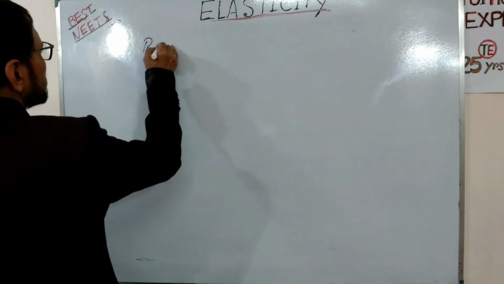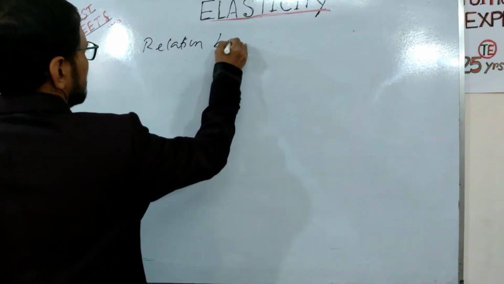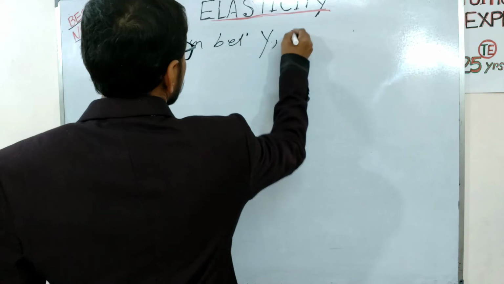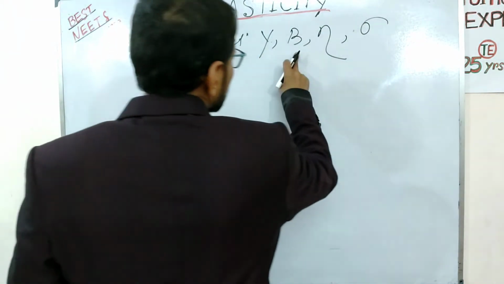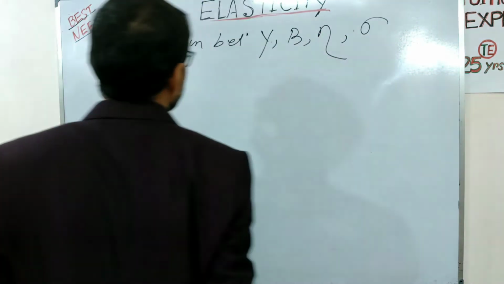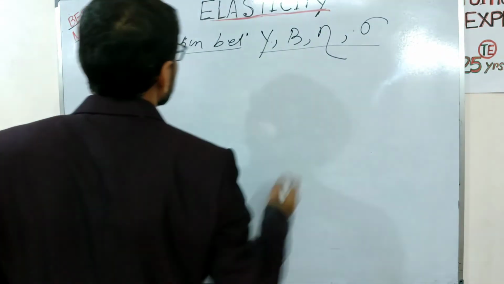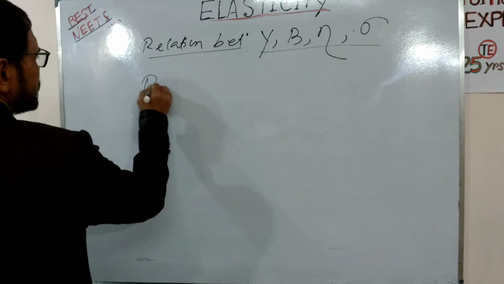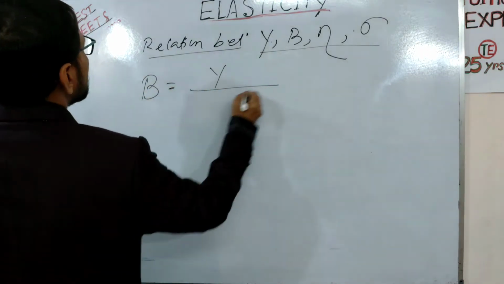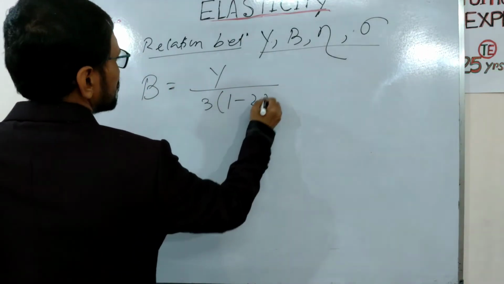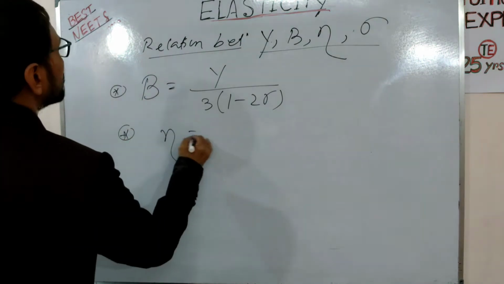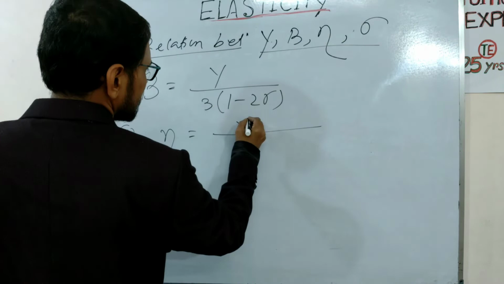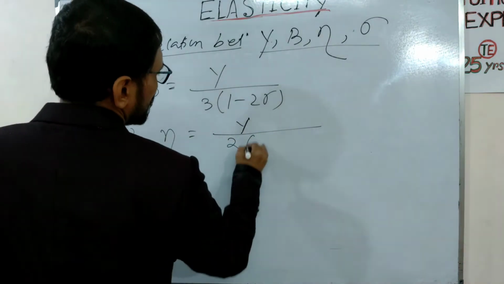Now the relation between Y, B, eta, sigma, that is, the relation between Young modulus, bulk modulus, modulus of rigidity, and Poisson's ratio. There is a relation between these terms. You remember these formulas. The bulk modulus B equals Y divided by 3 into (1 minus 2 sigma). This is the first formula. The second formula is eta equals Y divided by 2 into (1 plus sigma).